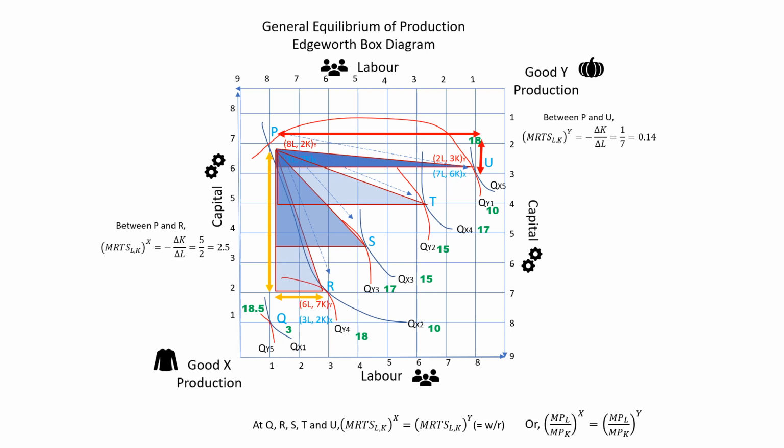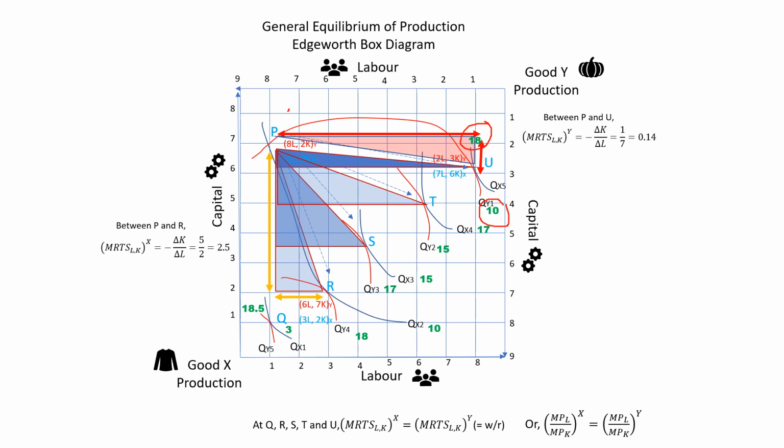So for instance, if we look at it from the perspective of production of food, the first possibility is that we stay at the original level of production of food, but we only increase the production of clothing. So this is the maximum amount of sacrifice that a producer of food can do with regard to labor.